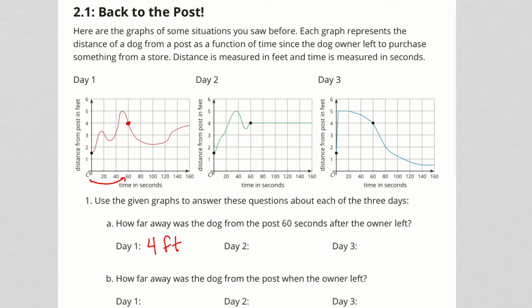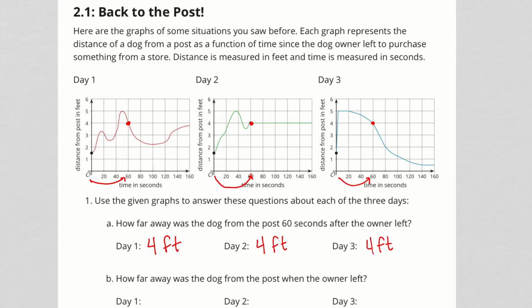We're going to look to 60 seconds and go up and see that the dog was 4 feet on day 2. And on day 3, we're going to do the same thing and find that at 60 seconds, the dog was 4 feet from the post.